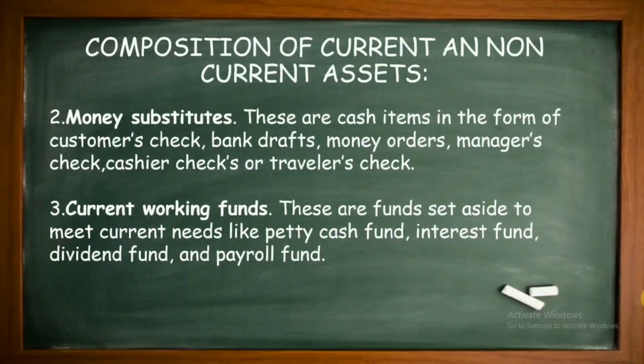Example na lang, kinulang ka sa bala ng stapler. Then yung example din ng current working funds is yung mga interest fund nga, dividend fund, and payroll fund. Ang working funds ay included sa part ng cash and cash equivalent kapag na-maintain nila yung pagpapatakbo ng negosyo.